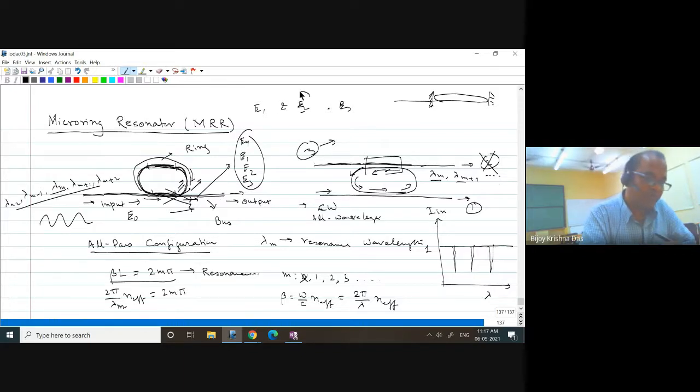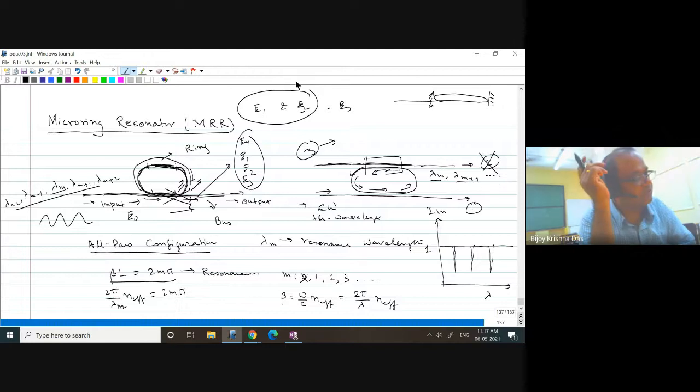So if I ask you what is the phase difference between E1 and E2? 3 pi. It's a pi basically, right? Yeah, because 2m pi and an additional pi. So that means E1 and E2 actually destroy each other, isn't it? Here in the output.